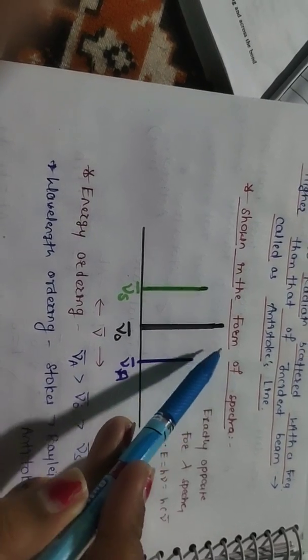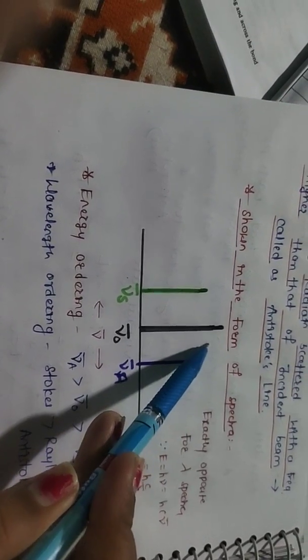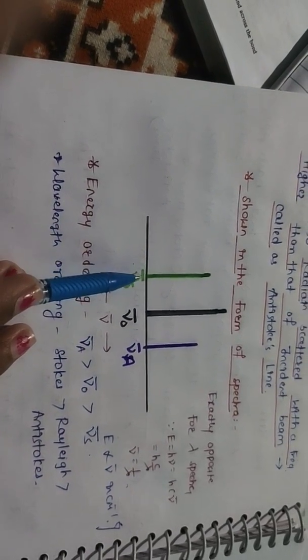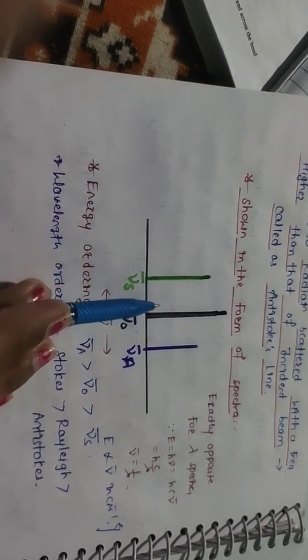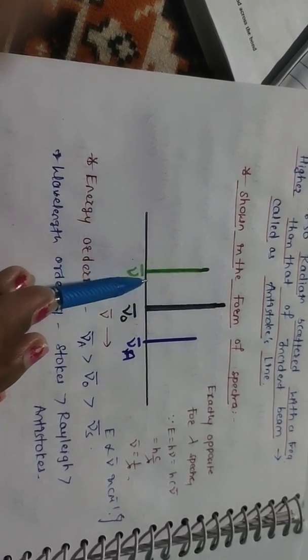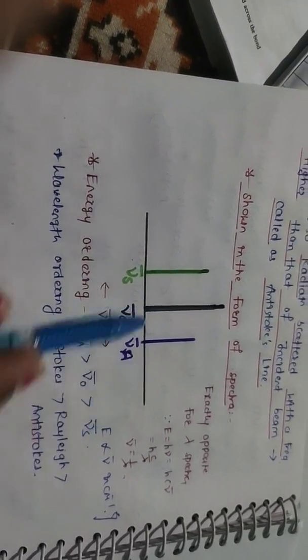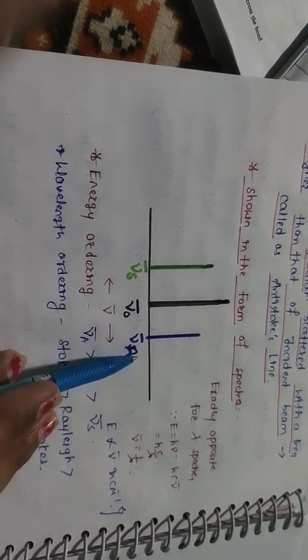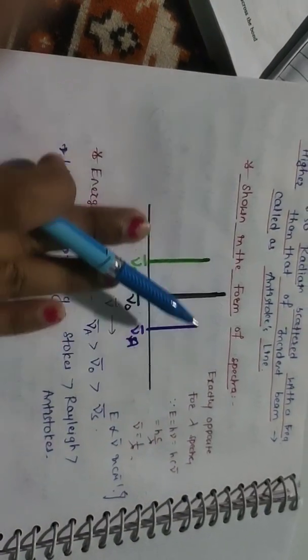Both energies are the same, the scattered photon and the incident photon. In case of the Stokes line, energy is decreased. This is for the Stokes line, and here energy is increased. This is for the anti-Stokes line. This is the positive side, and this is the negative side.